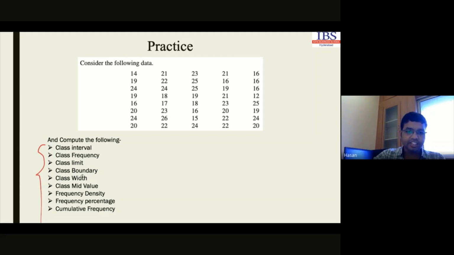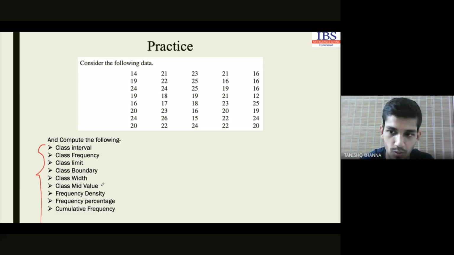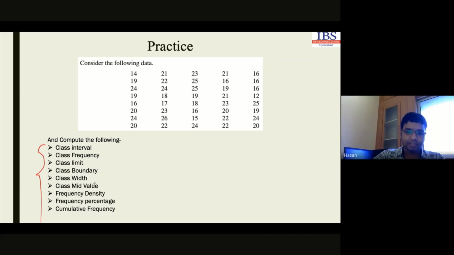Class width is the difference between the class boundaries. Class mid value is the average of the upper class limit and lower class limit, that is, upper plus lower by 2.